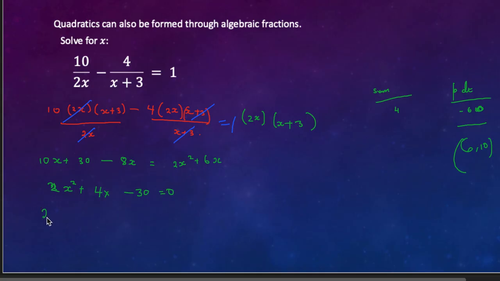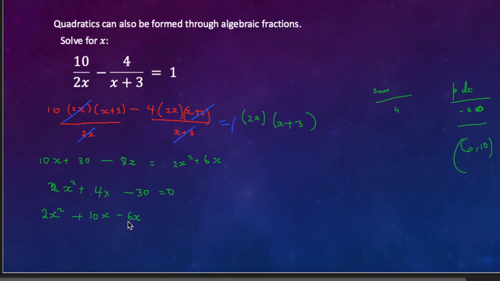So now we write our equation: 2x squared. And now remember, we always substitute the b part, the coefficient of x, the sum. So we shall have plus 10x minus 6x.